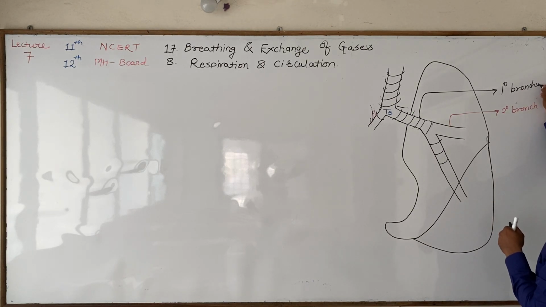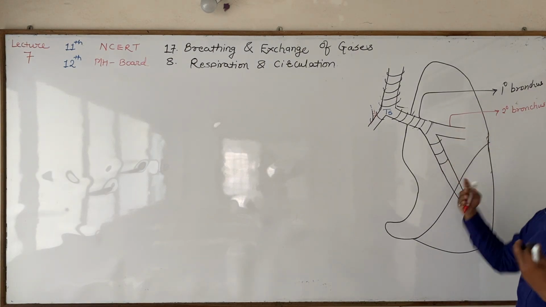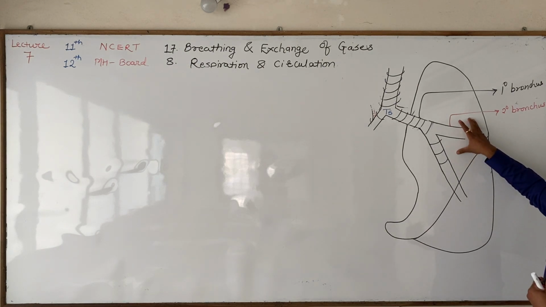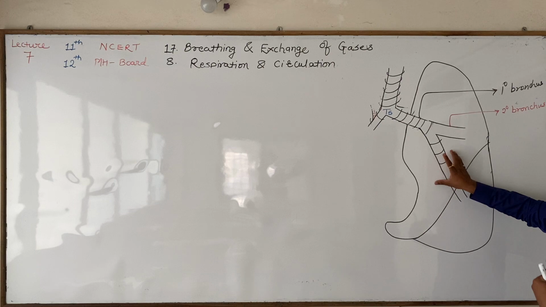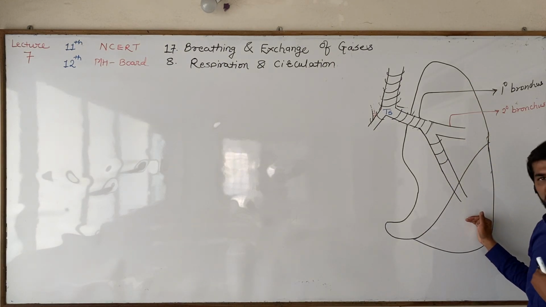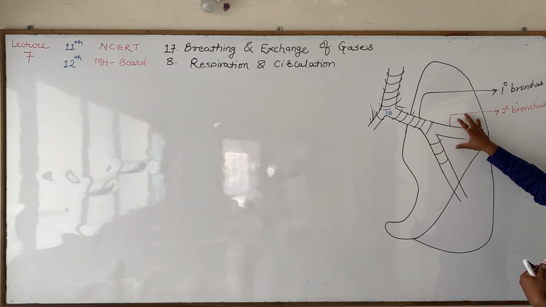Bronchus is singular. This is a secondary bronchus. There are two secondary bronchi, providing air to the respective lobes, that is superior lobe and inferior lobe.